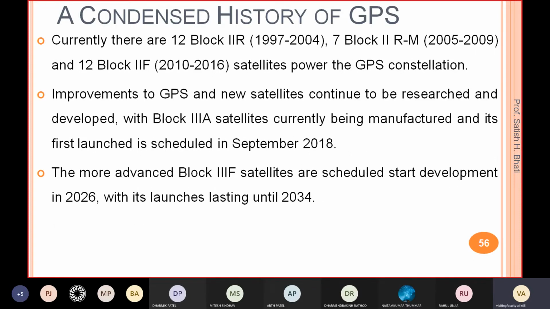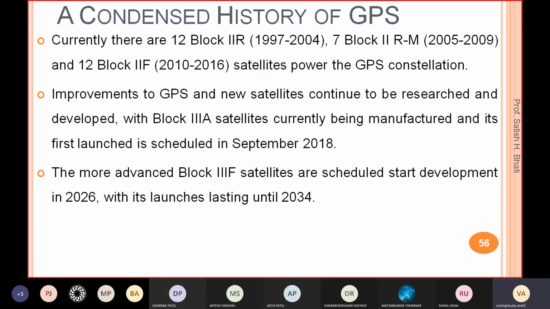Currently, there are 12 Block 2R satellites from 1997 to 2004, 7 Block 2RM during 2005 to 2009, and 12 Block 2F from 2010 to 2016 powering the GPS constellation.